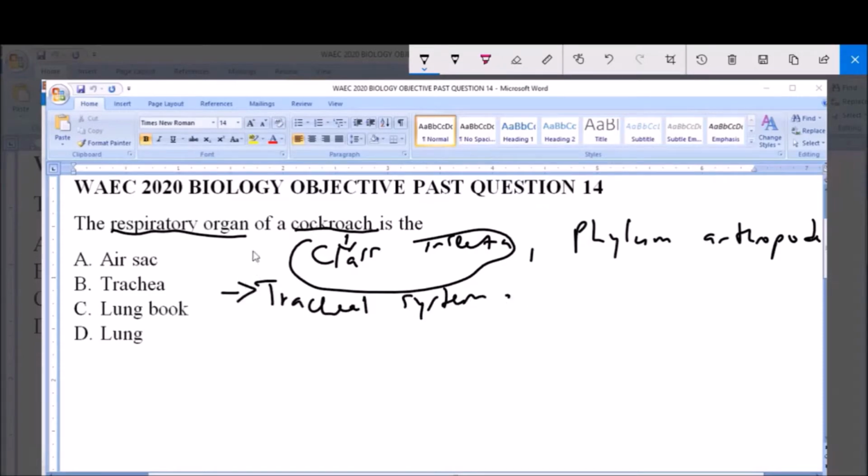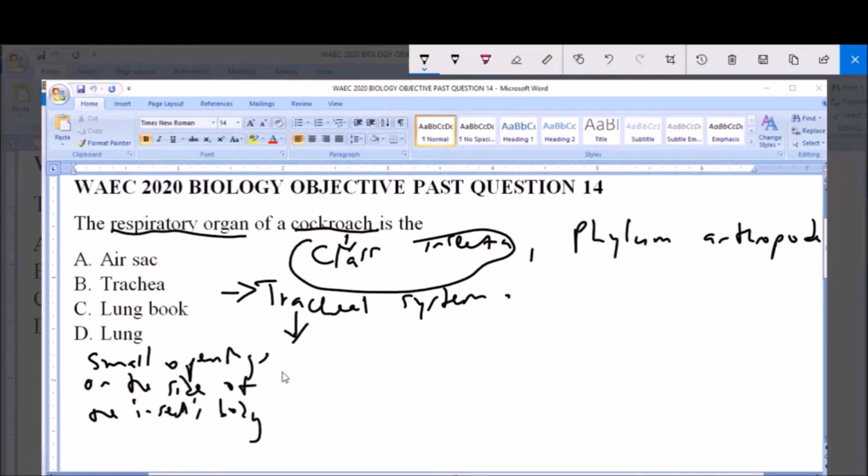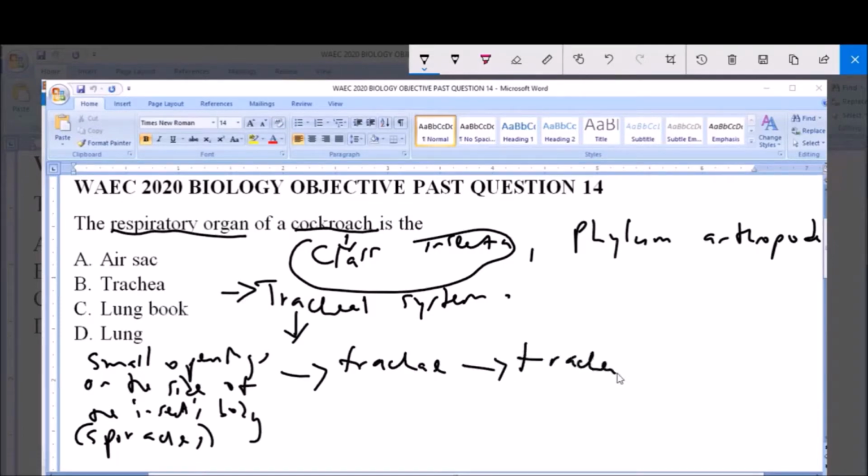In the tracheal system, what happens is that it begins with small openings on the side of the body of the insect, known as spiracles. These spiracles open into the trachea and then into smaller channels known as tracheoles.